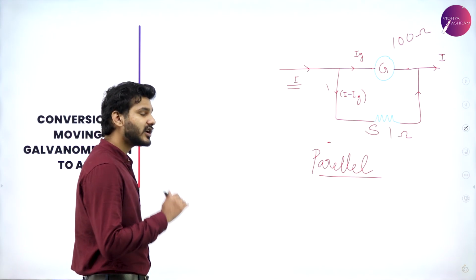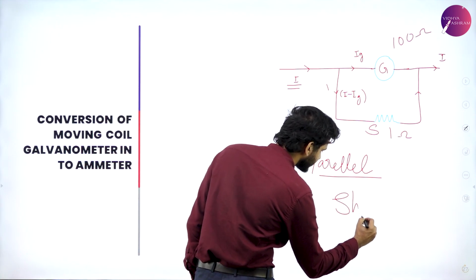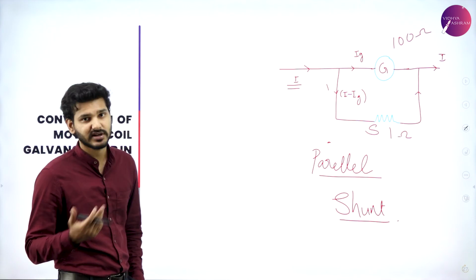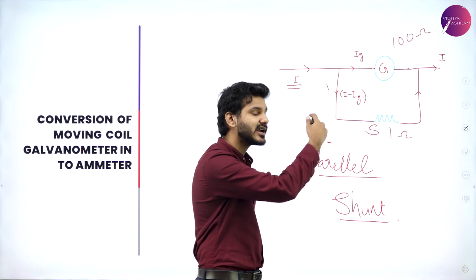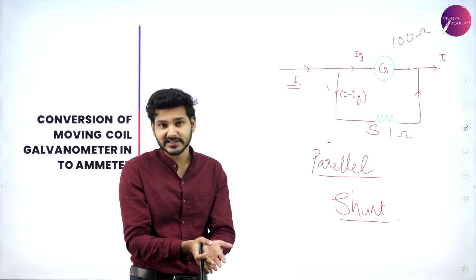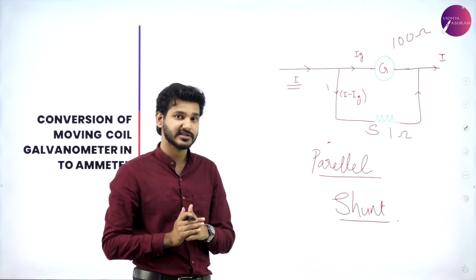So this small resistance is actually called shunt resistance. And this shunt resistance should be very small. The reason why it is very small is because if two resistances are connected in parallel with each other, then the effective resistance will always be less than the least resistance.